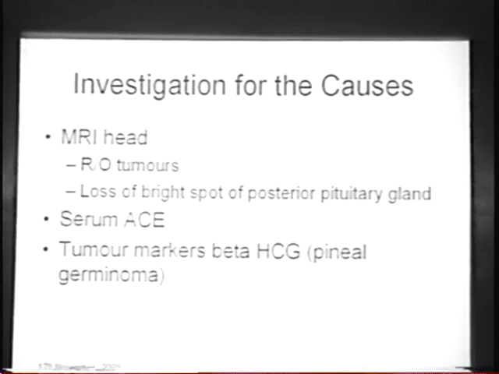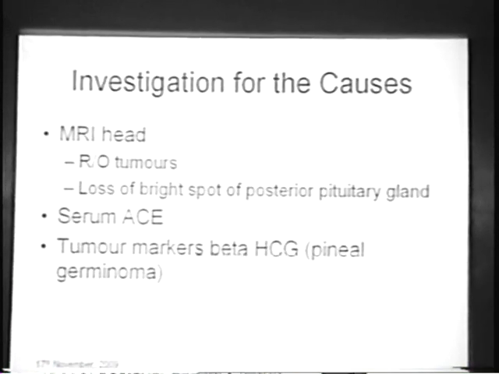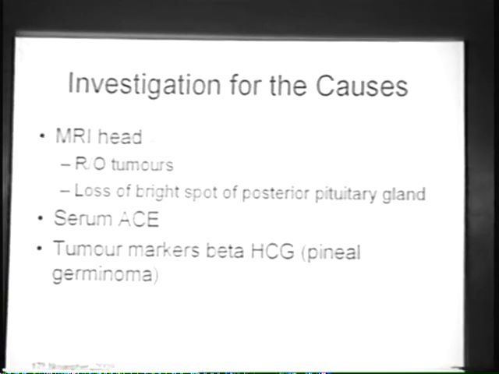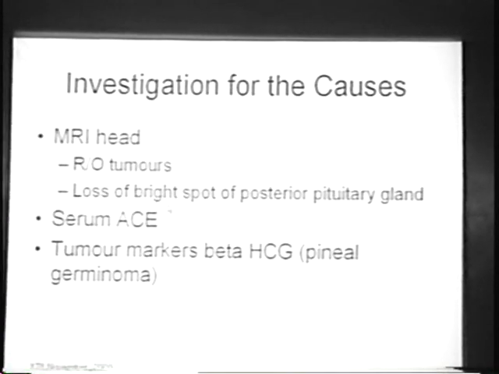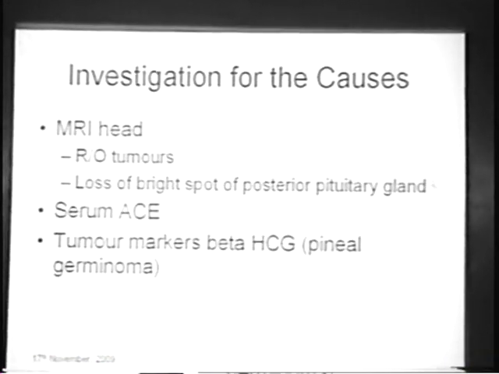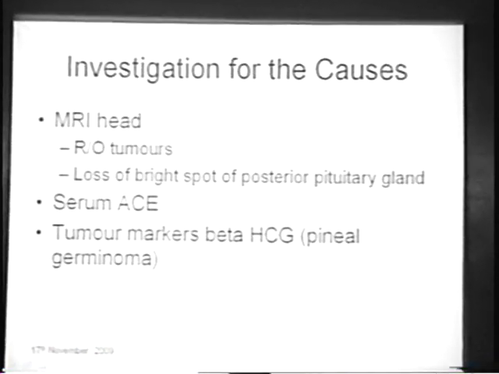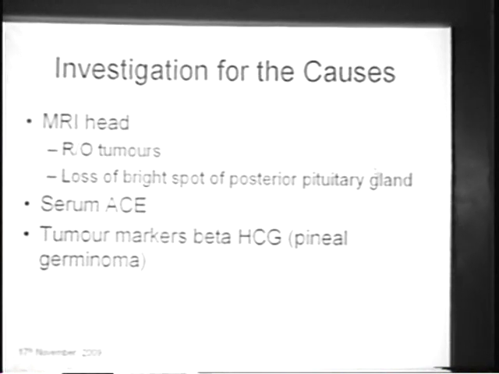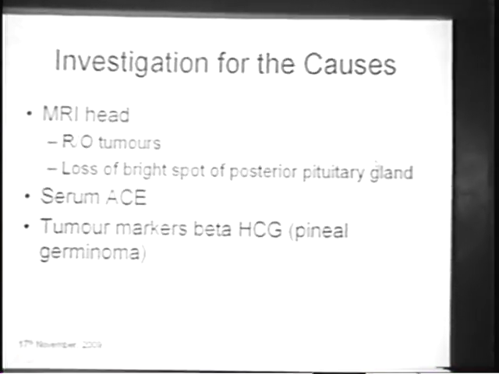Patients who have cranial diabetes insipidus have a specific sign on MRI: they have loss of the bright spot that is normally seen where the posterior pituitary gland is. This is pathognomonic of cranial diabetes insipidus.